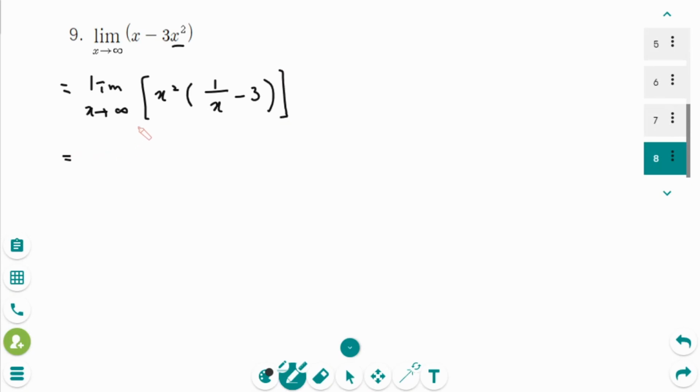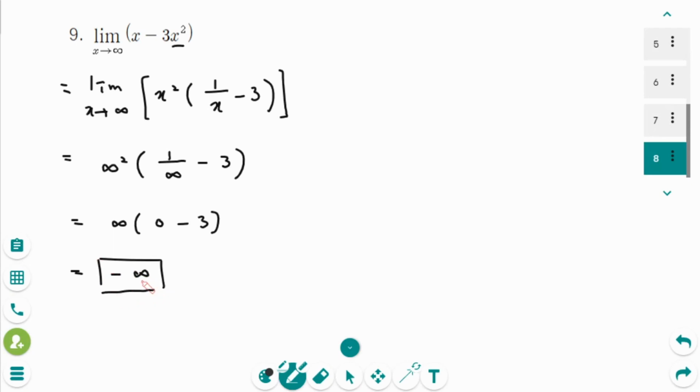Like this. Then put infinity into x, so infinity squared, 1 over infinity minus 3. So this one is infinity, 0, minus 3. So infinity times minus 3, which is minus infinity. The final answer is this one.